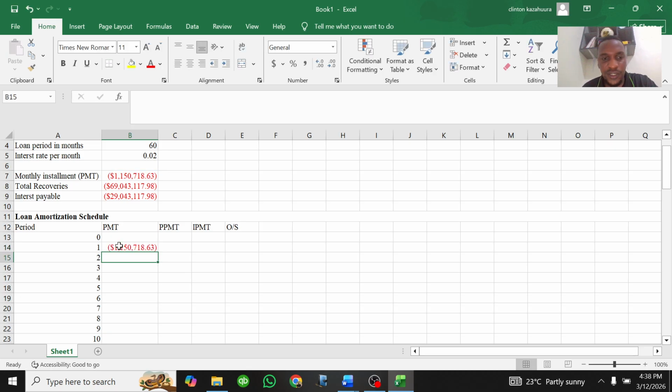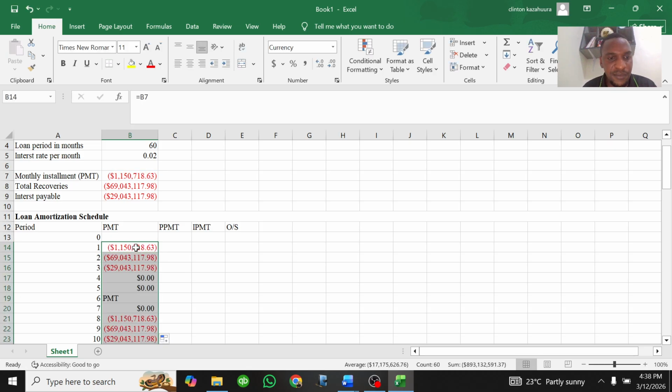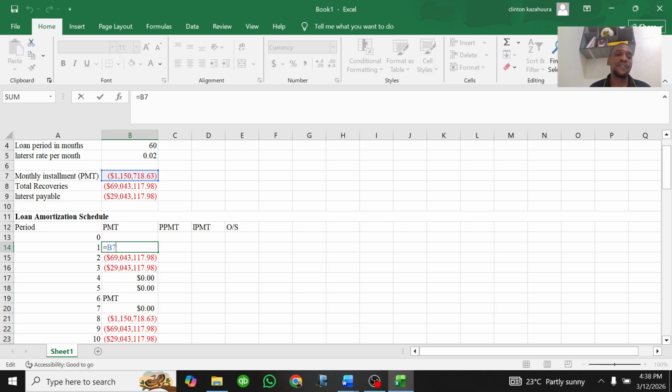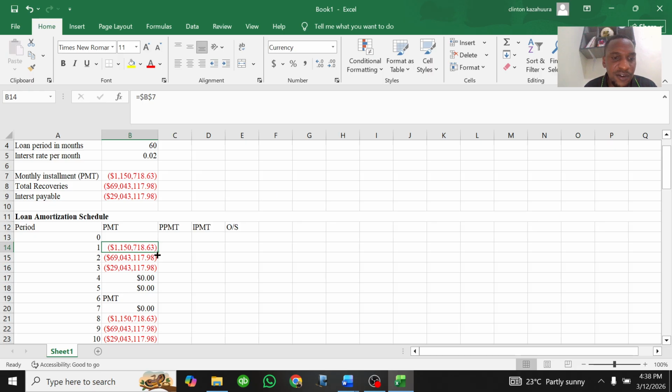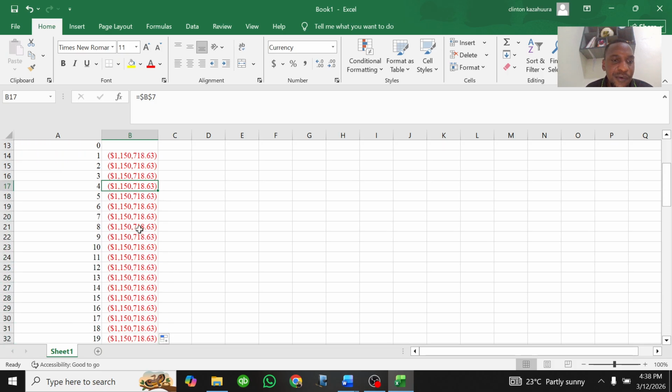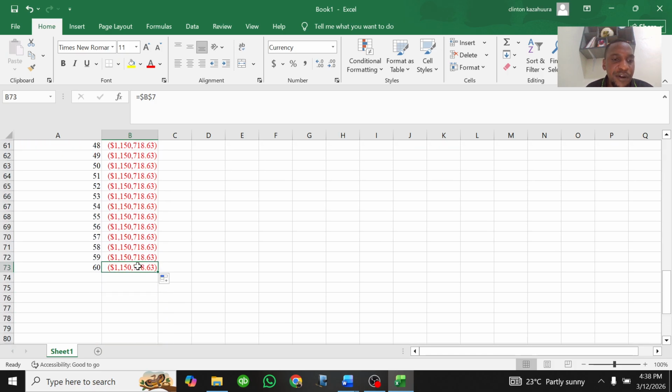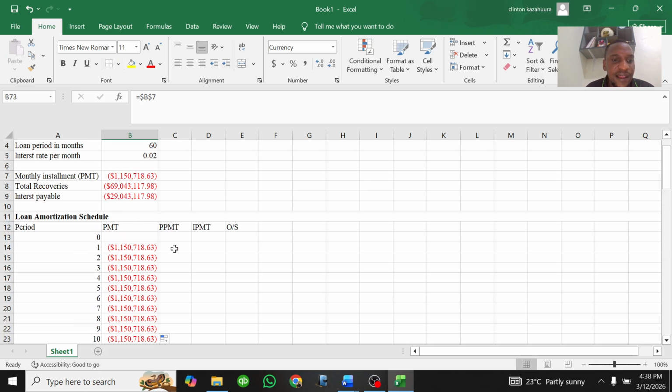I'm just going to click here where we have our cell. This is how we lock the cell. You put a dollar sign just before the alphabet. Then I also put a dollar sign between the alphabet and the figure. When you press enter and autofill again, you realize that our formula has become consistent all through up to period 60.